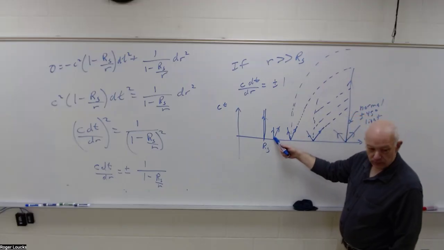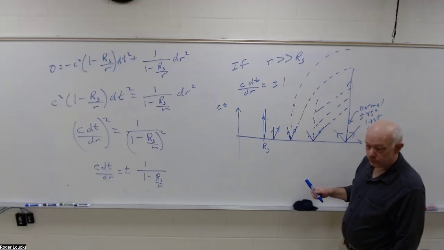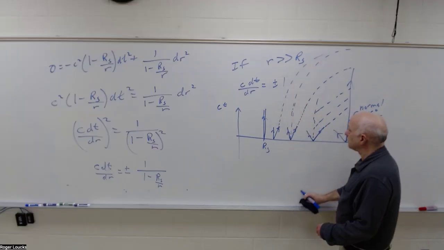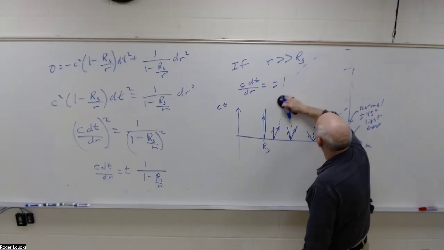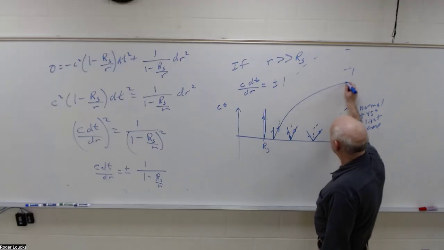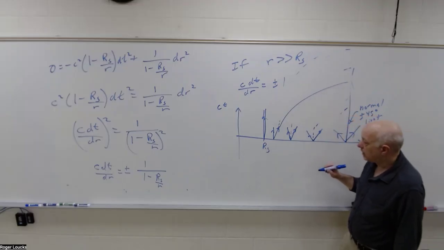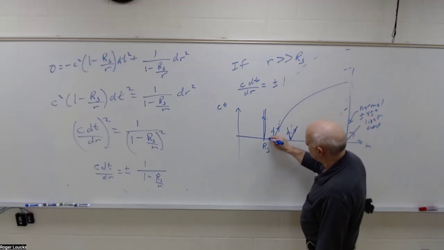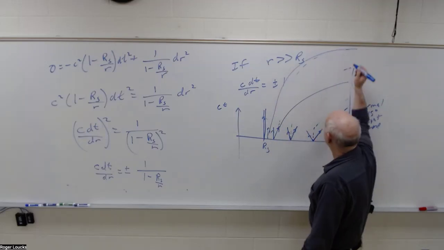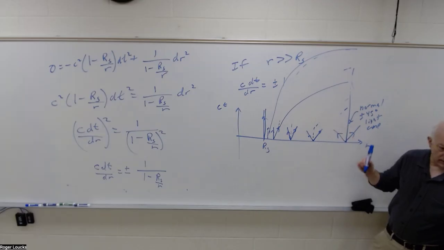Now, what happens when you get here? It's going to come out like that. Actually, I'm going to erase some of these. If you're here, these signals are going to come out more like that. And if you get closer, let's say you get over here, that's going to come out more like this. We're going to work out the mathematics of this in detail.